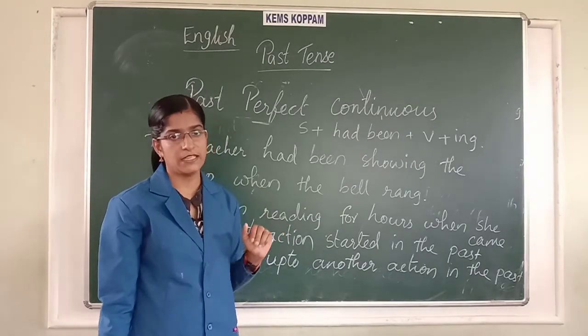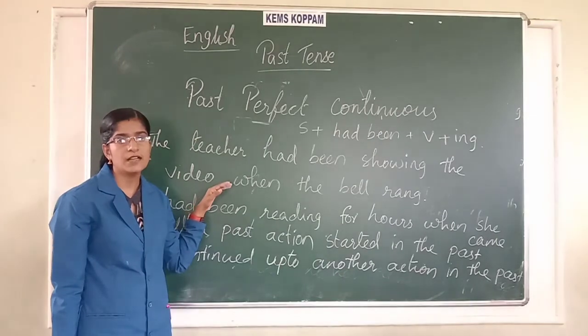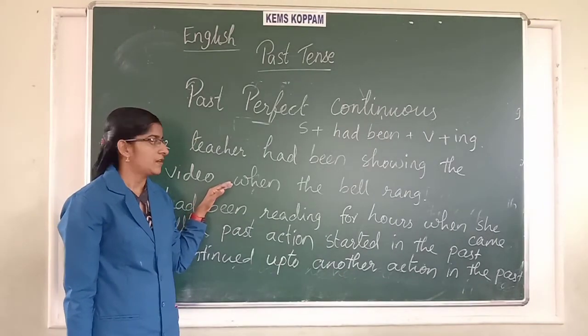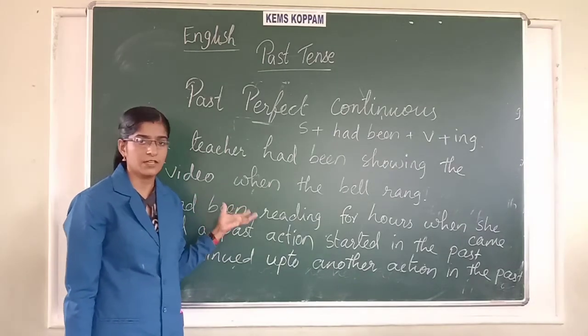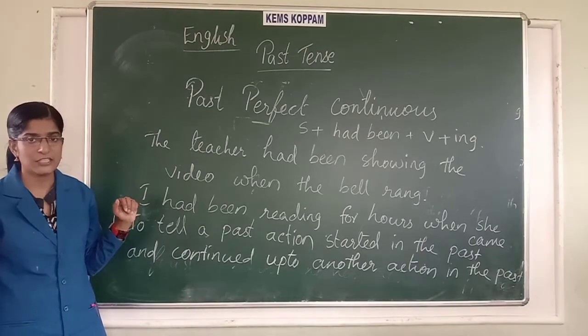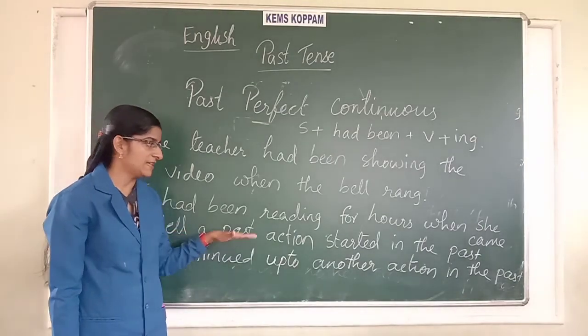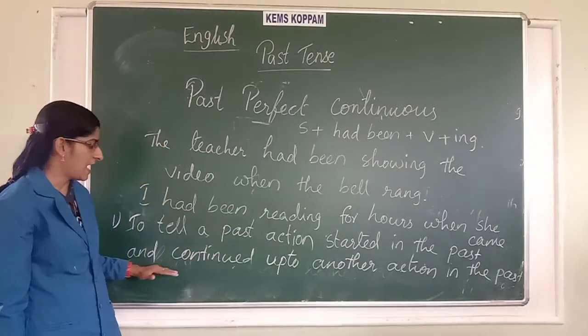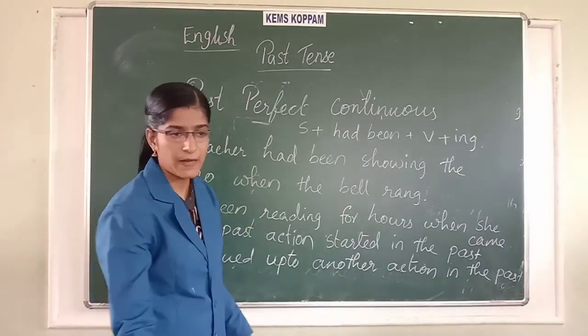Now I am not working there. I had been working in that institution for 10 years before I got a transfer or promotion, whatever. So past perfect continuous is used to tell a past action that started in the past and continued up to another action in the past.